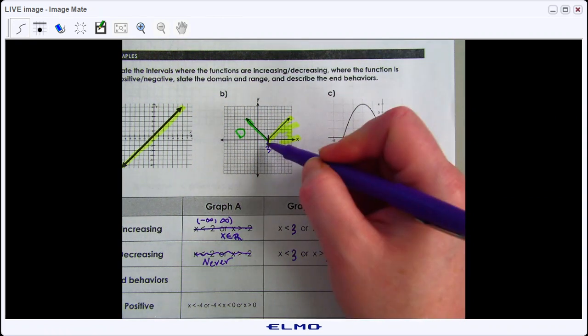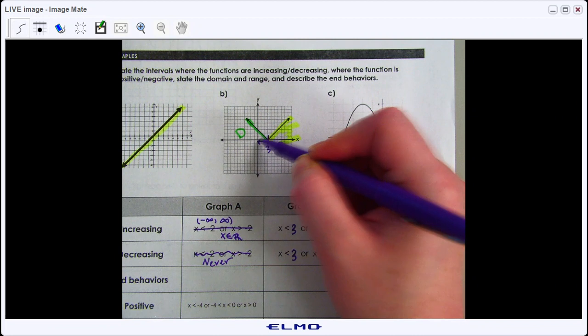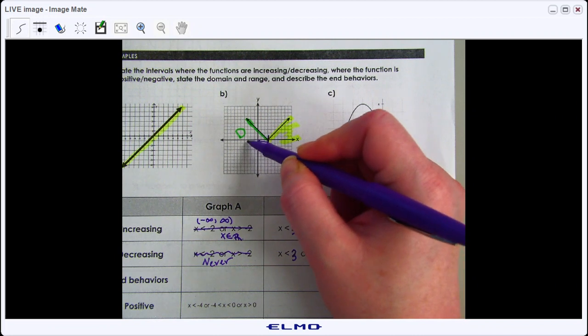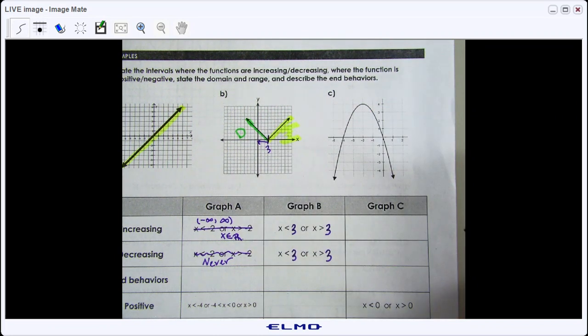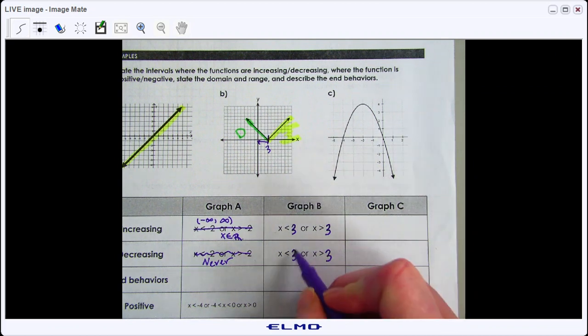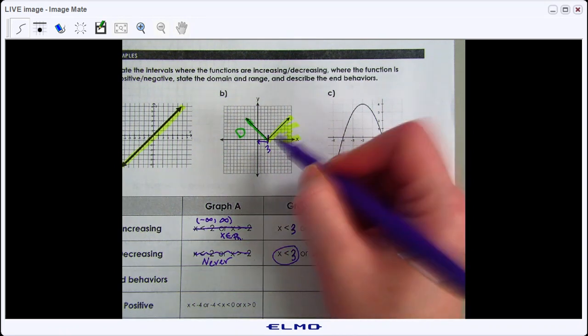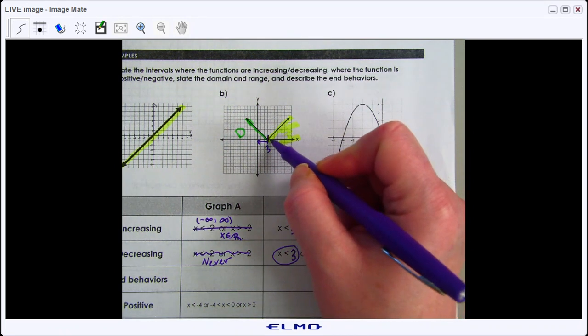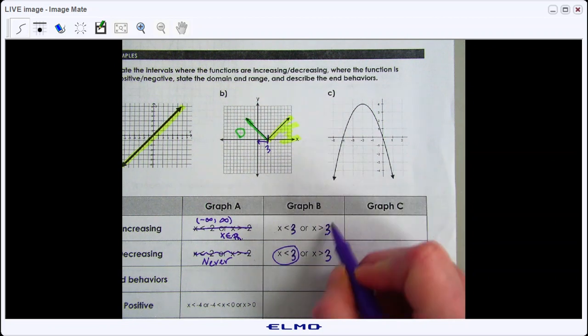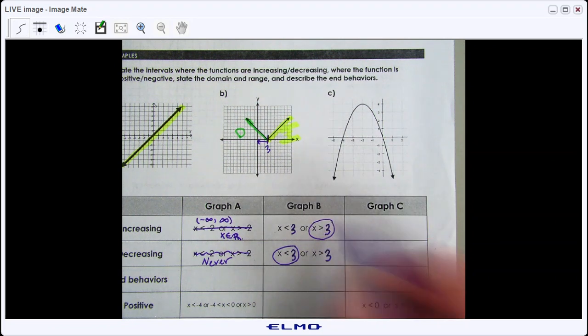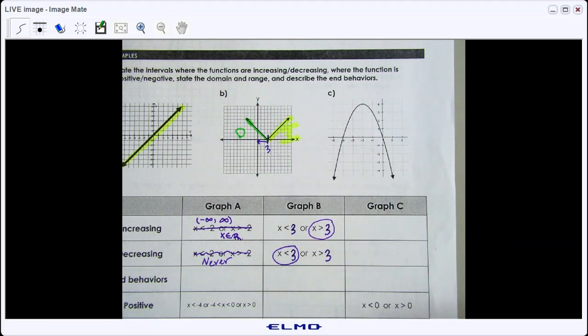So the values to the left of 3, which are 2, 1, 0, -1, those are the values that are less than 3. That is where it's decreasing. So when x is less than 3, our graph is decreasing. The values to the right of 3, so 4, 5, 6, the ones that are greater than 3, that's when it's increasing. So it's decreasing when x is less than 3, and increasing when x is greater than 3.